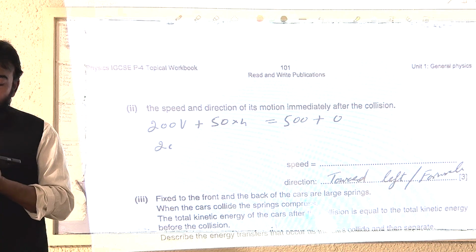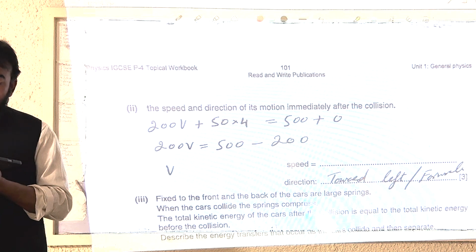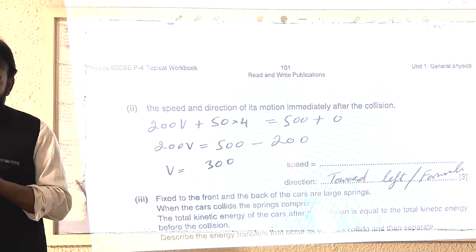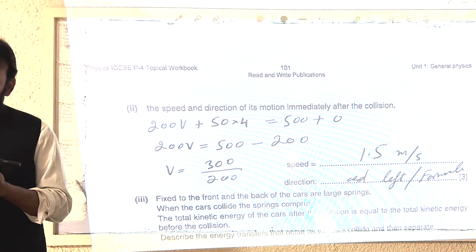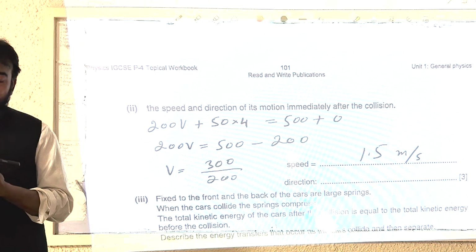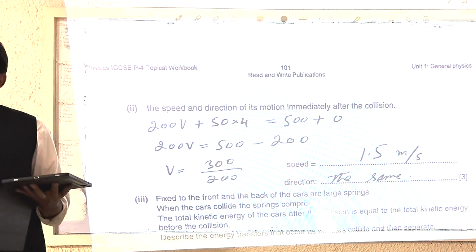Okay? 200 v is equal to 500 minus 200. Now v is equal to 300 over 200, which gives you 1.5 meter per second. And as for the direction, it is the same. Direction is the same.